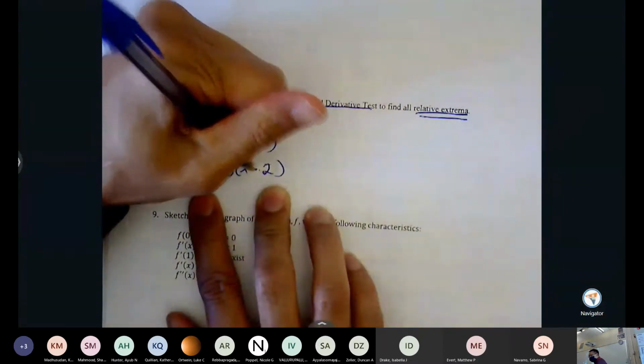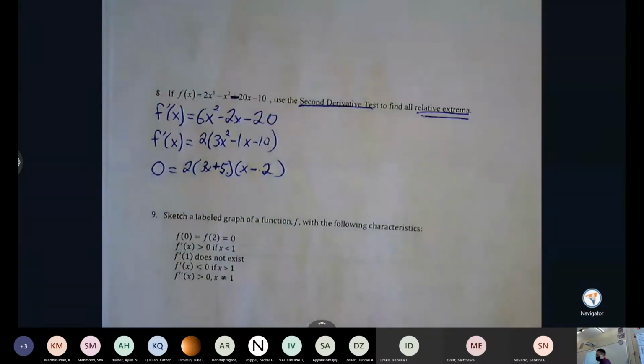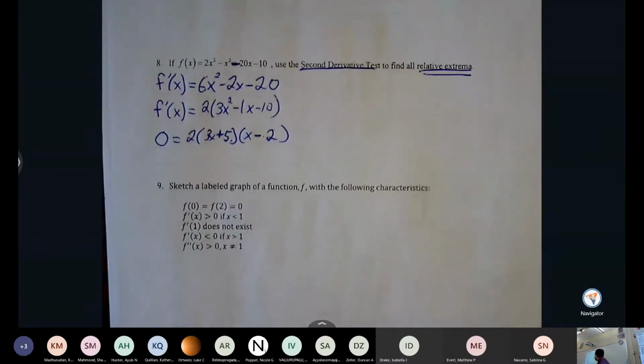Negative 6 plus 5. Okay, we have our factored form. We can solve for x.